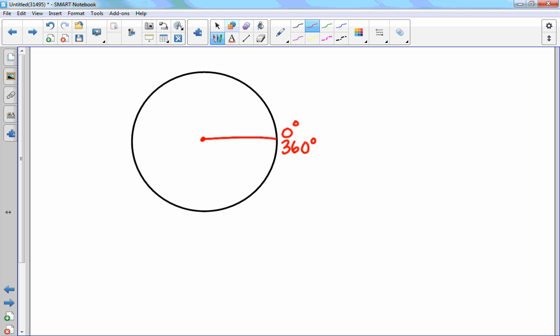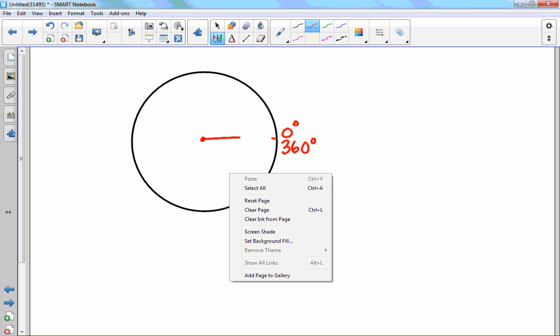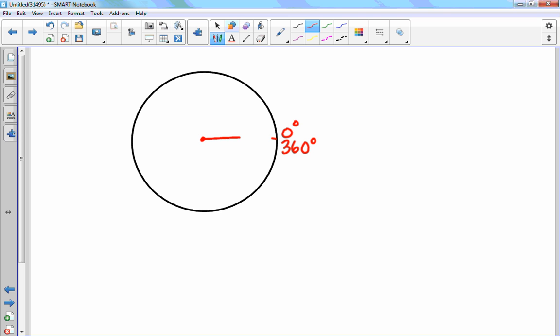I'm going to measure a radius with my keys. I'm going to fold it around the circle and see how many radii fold around the circle. I have approximately 1, 2, 3, 4, 5, 6, and how much?